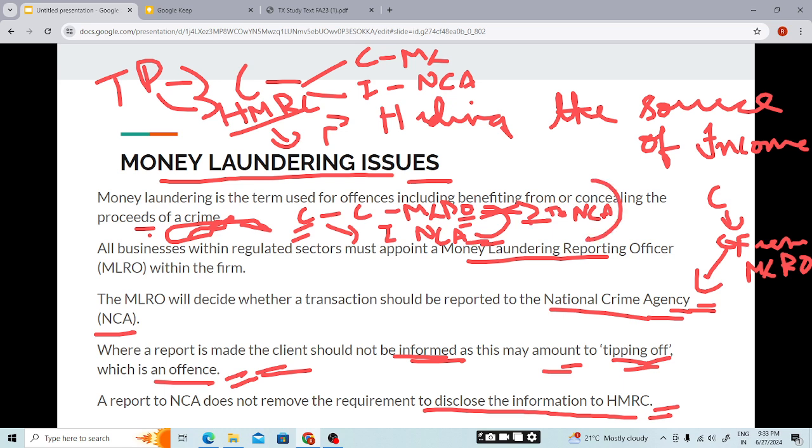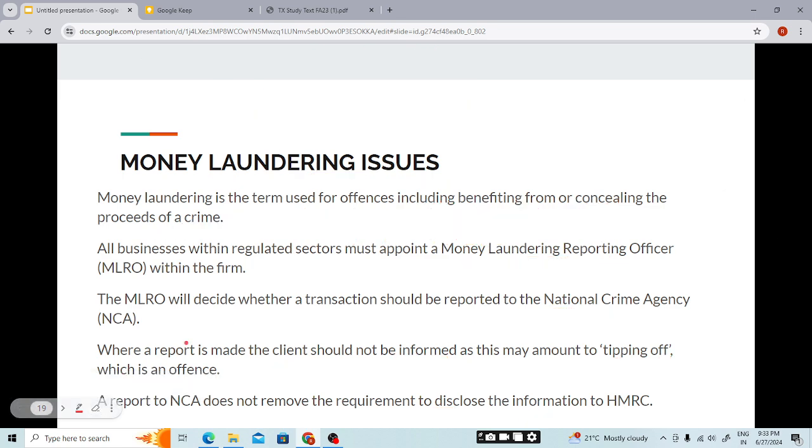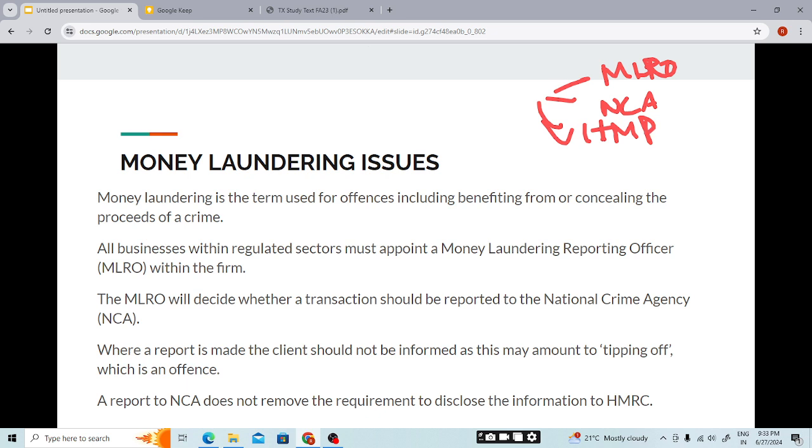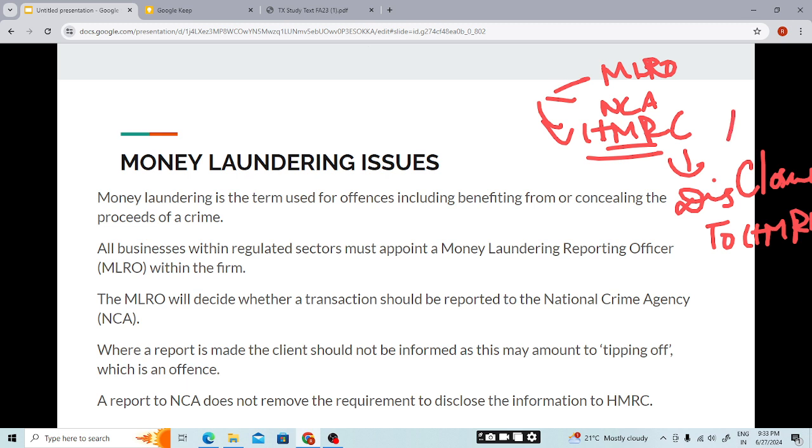Even if you are reporting to both of them, you must also make a disclosure to HMRC. It is mandatory.